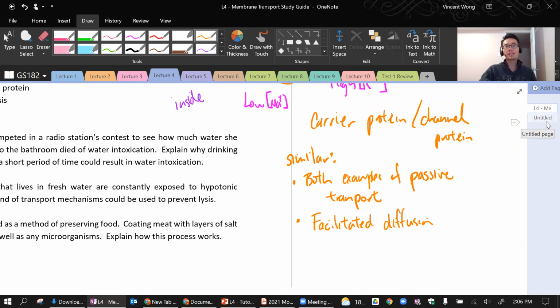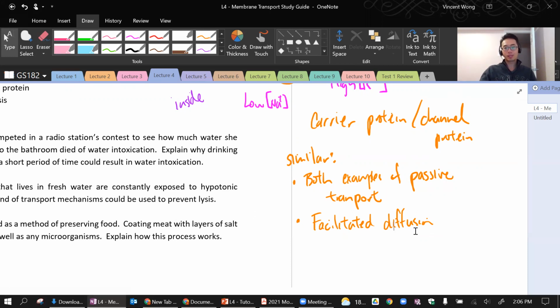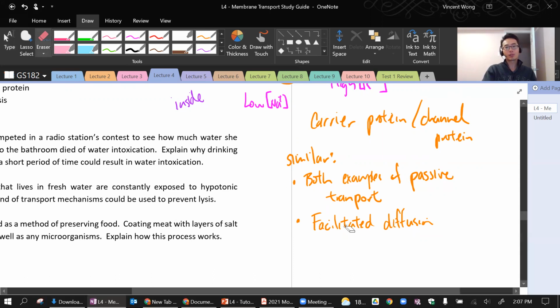That's why it's called facilitated. The carrier protein or the channel protein is facilitating the diffusion that would have occurred if the molecule didn't encounter any barriers. It's still going from high concentration to low concentration. So that's how they are similar. No ATP.